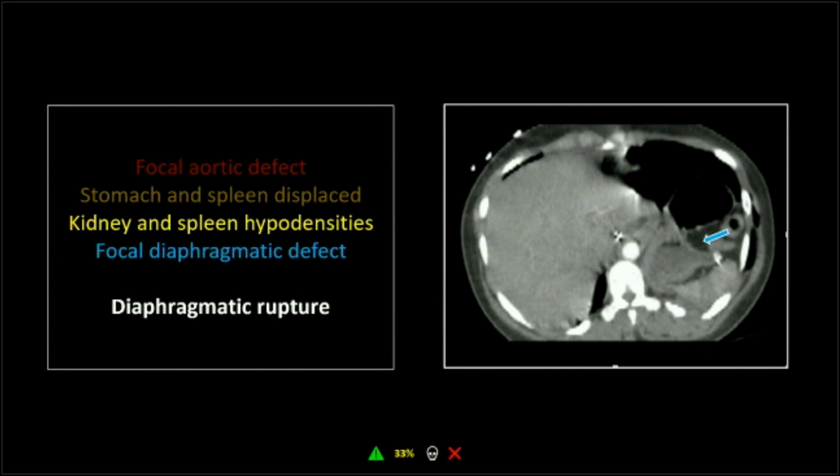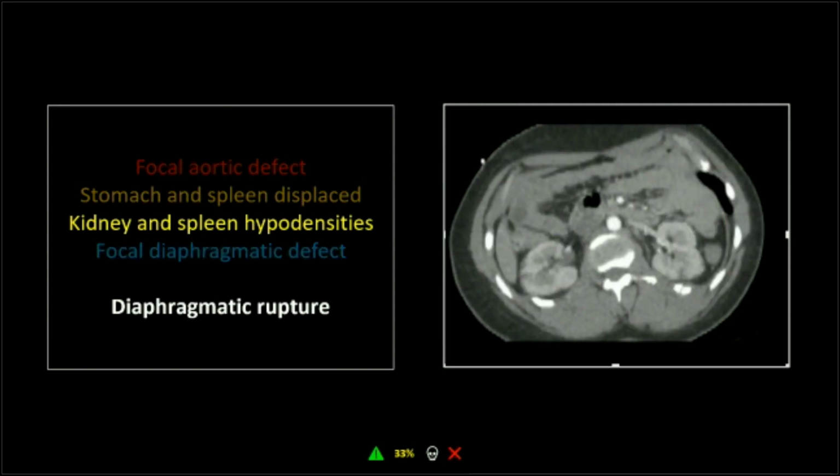In fact, you can see this is the diaphragmatic defect right here where the stomach is coming up through the diaphragm. And you can see these same peripheral wedge-shaped hypodensities in the kidneys as well. So if somehow you missed that aortic laceration, you still should have your attention called to it by the presence of those splenic and renal abnormalities.